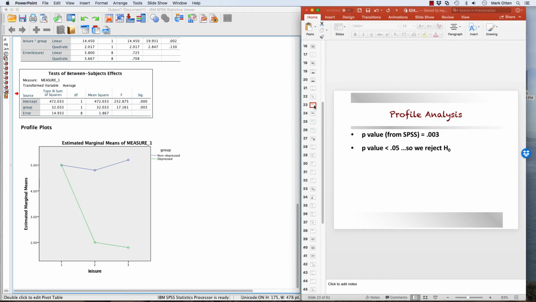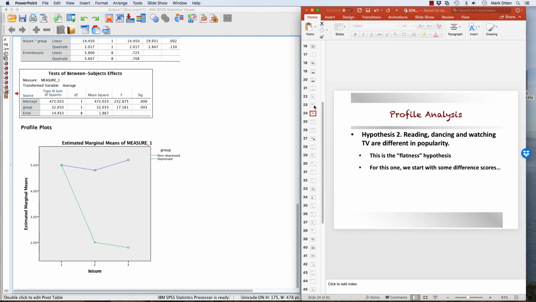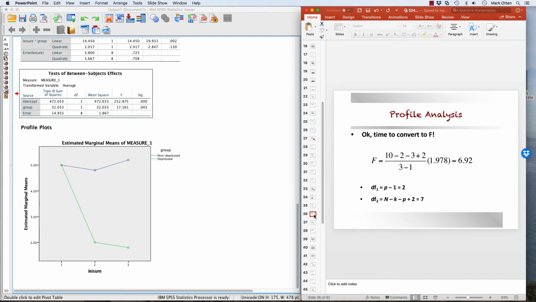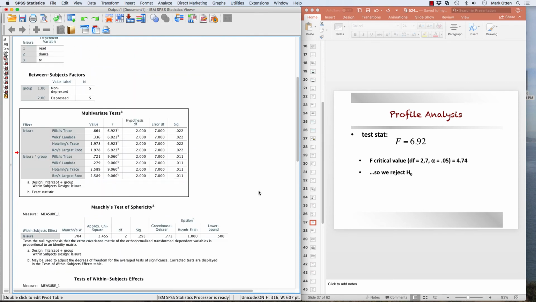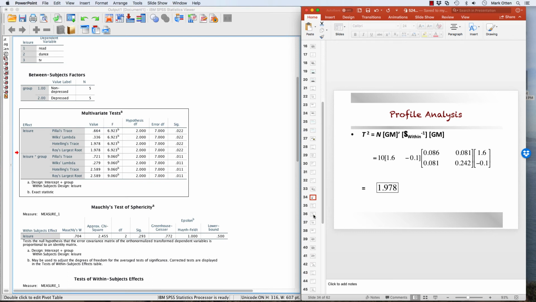The second one was the flatness hypothesis. Reading, dancing, and watching TV differ in popularity. This is when we started calculating difference scores. We had our F statistic here, 6.92, so that one shows up back up here in the multivariate test box. So we've got our 6.92 here as our converted F. Remember, we used a Hotelling's T to get there.